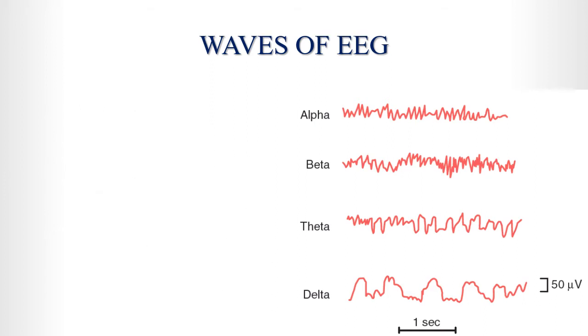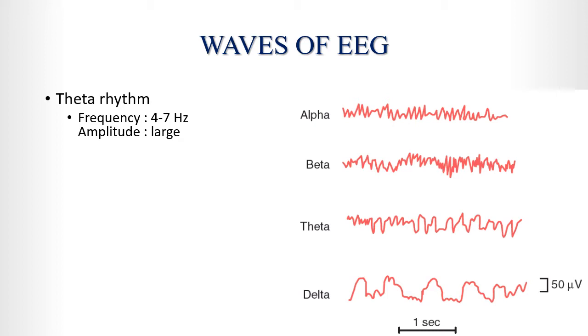Third is theta rhythm. As you can see in the figure, frequency of theta rhythm is very low compared to alpha and beta, which is 4 to 7 Hz. Amplitude is sometimes very low, but mostly it is slightly larger than the alpha rhythm, that is more than 100 microvolt.